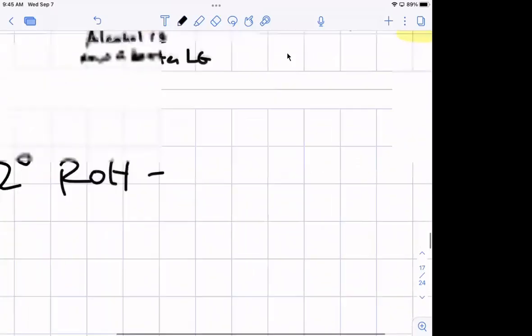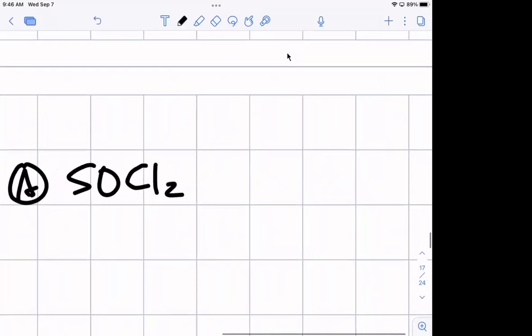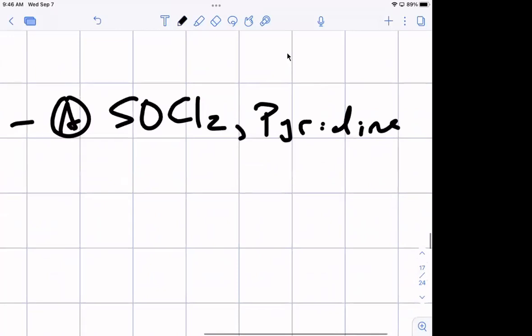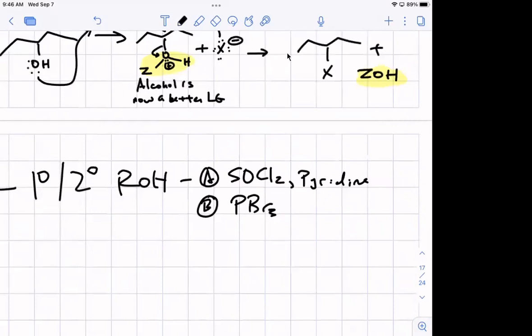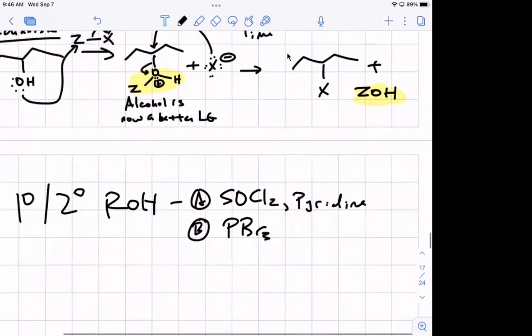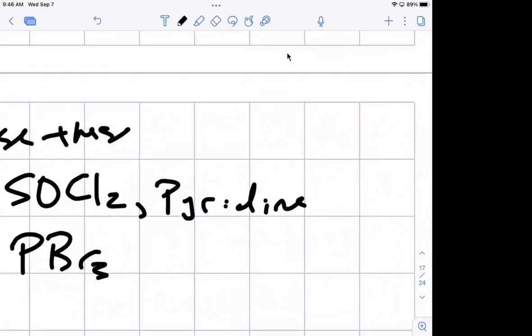One of them is to use thionyl chloride, which is SOCl2, and I'm going to explain all this stuff when we get to it, and pyridine. And then the other is to use PBr3. Those two methods, and I will go through the mechanism, arrows, all of that, are used to convert primary and secondary alcohols.